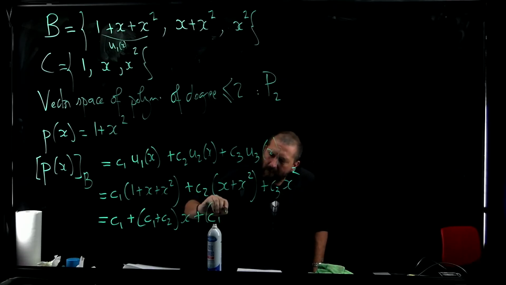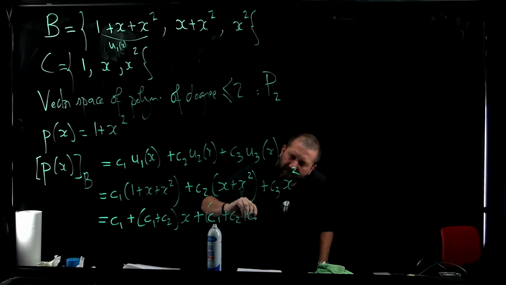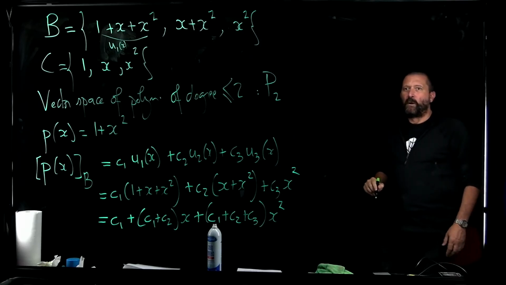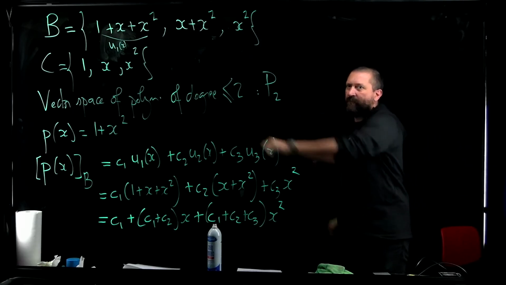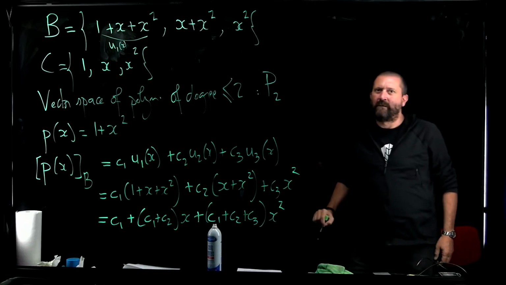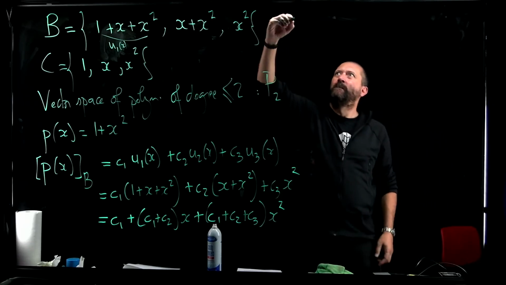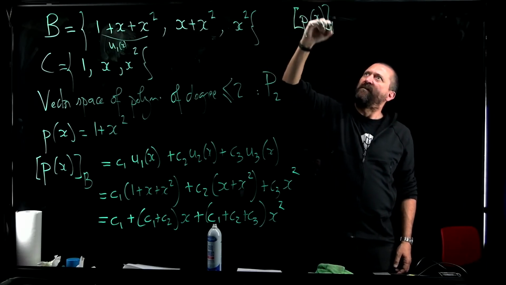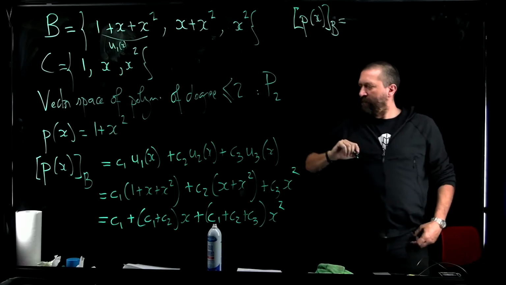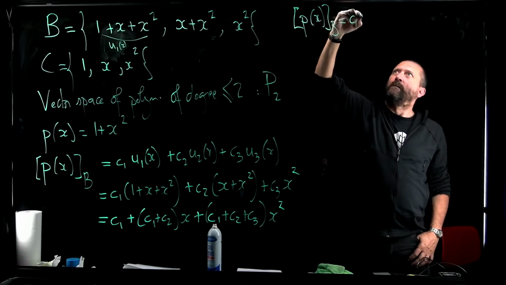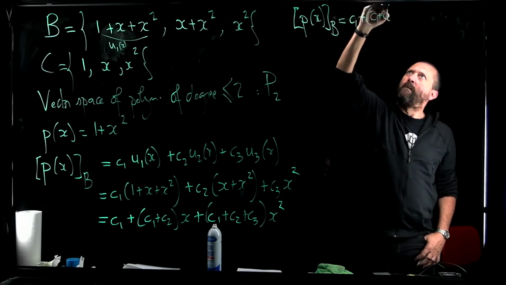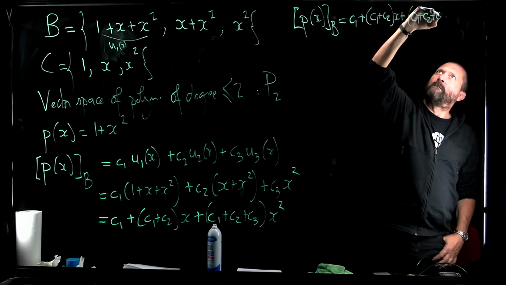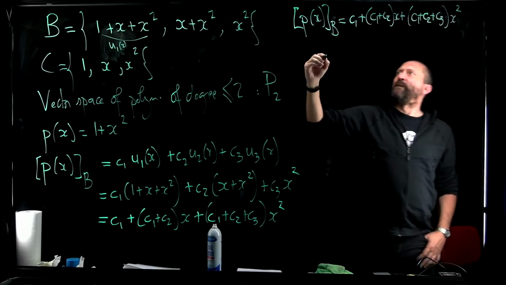So this is C1 plus C2 plus C3 x squared. But that equals this point, P of x, if and only if P of x in basis B is equal to C1 plus C2 x plus C1 plus C2 plus C3 x squared.